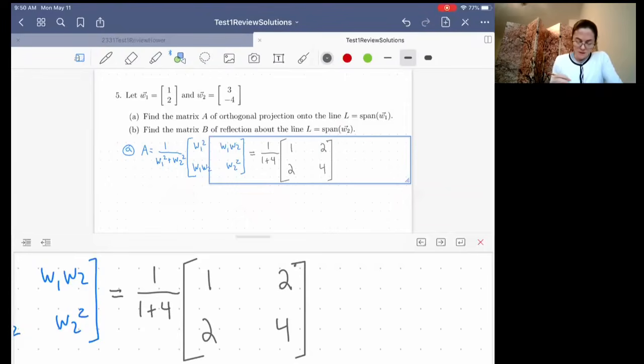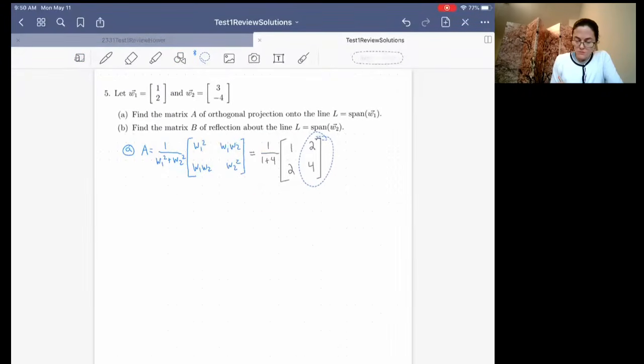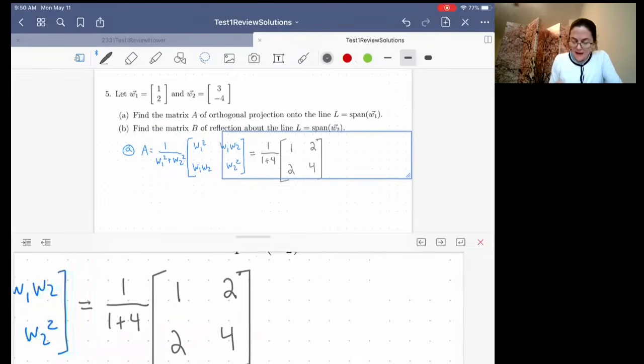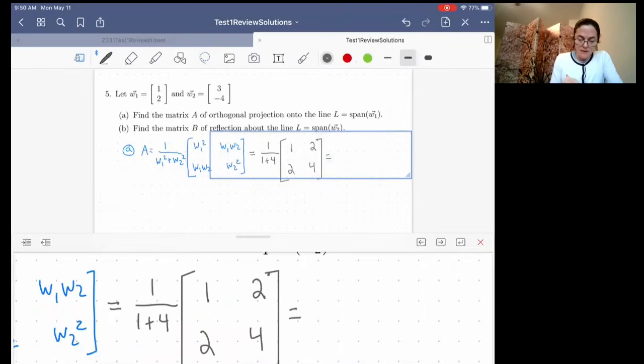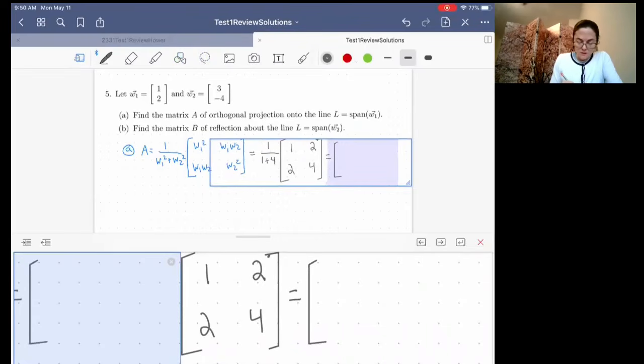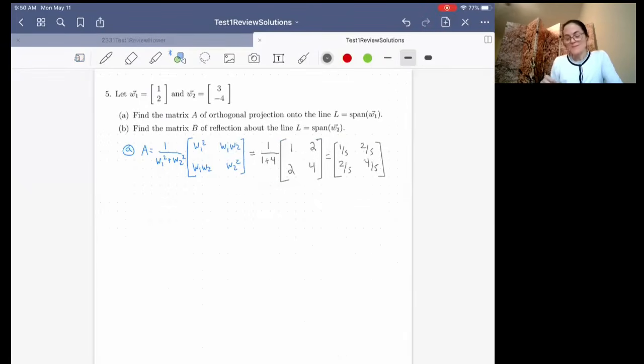And then if you just pull this 1/5 inside, then my final matrix looks like this. It's just a 1/5 times each coefficient. So this will be 1/5, 2/5, 2/5, and 4/5. So this is the answer to part A. This is the matrix of orthogonal projection onto this line.